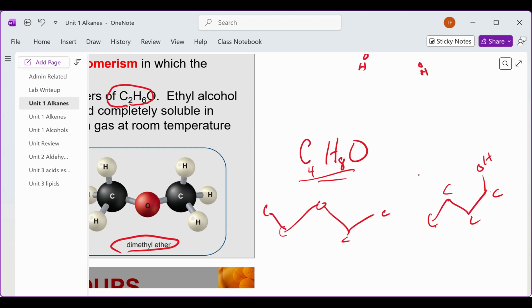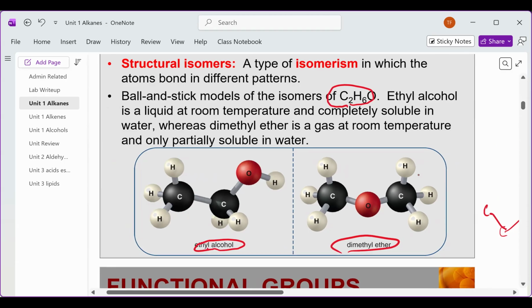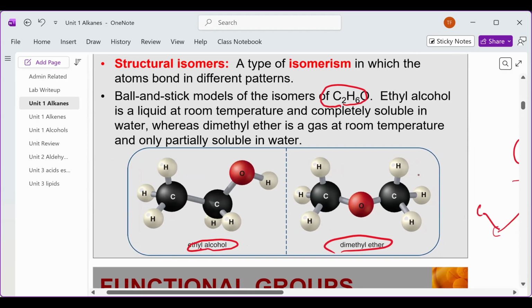So these are called isomers because they both accurately represent C4H8O. So isomers have the same number of carbons, hydrogens, and other O's, S's, or N's, or whatever.